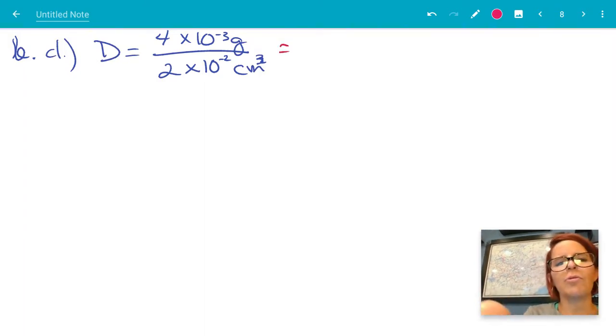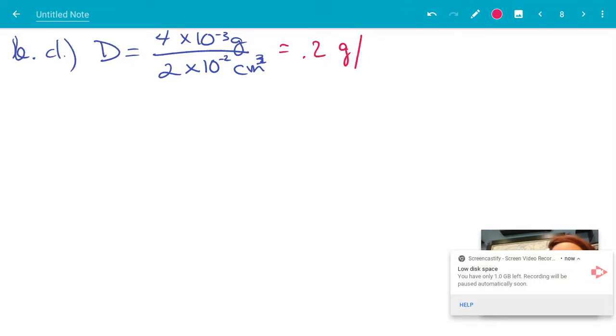I have that it equals 0.2 grams per centimeter cubed. And to write that in scientific notation would be 2 times 10 to the negative 1 grams per centimeters cubed. And I just want to double check that I did it right. And I did. We are all done, everybody.